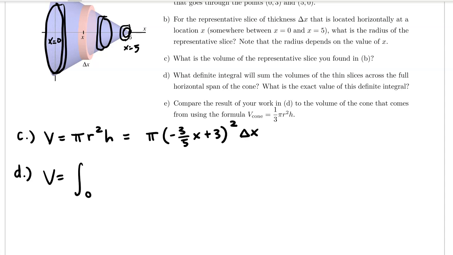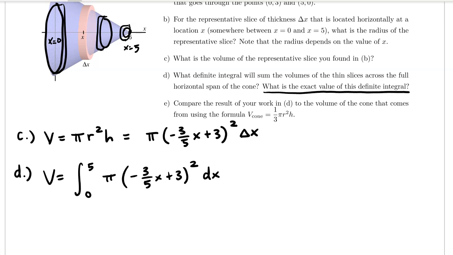So my limits of integration are going to be from 0 to 5, and then the thing that we are integrating is basically this thing here, with delta x changed to dx. So I have pi times (negative 3/5 x plus 3) quantity squared times dx. It does ask us to find the exact value of this definite integral, so I'm going to go ahead and factor out pi.